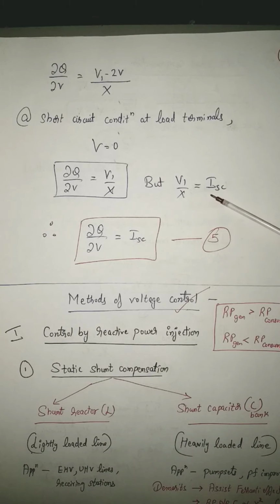Since it is happening during the short circuit, it becomes the short circuit current. X is the reactance of the line, and the resistance is very small, so it is neglected. So V1 divided by X will give you the short circuit current. From this, what you can understand is that the variation of reactive power for a small change in voltage is given by the short circuit current.